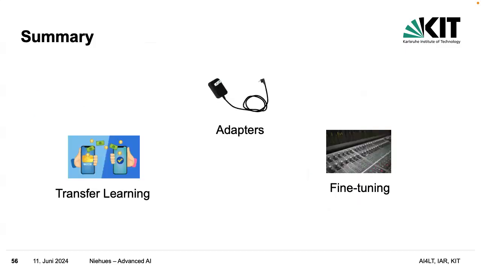Good. So what you hopefully keep in mind from the lecture from today and from last week is what exactly transfer learning is, that you have this idea of transferring some type of knowledge to another task.